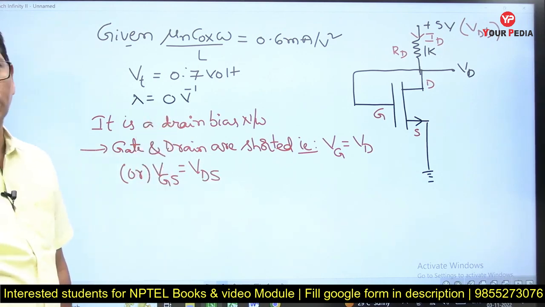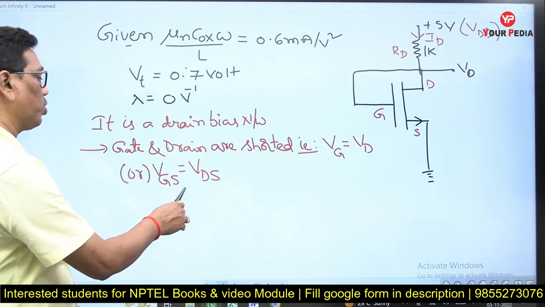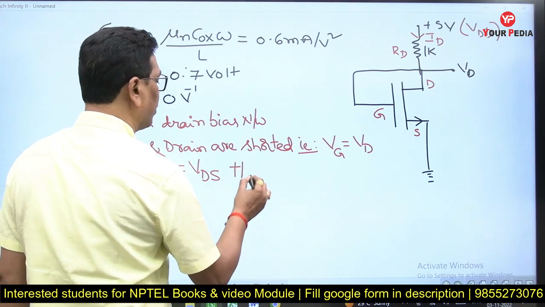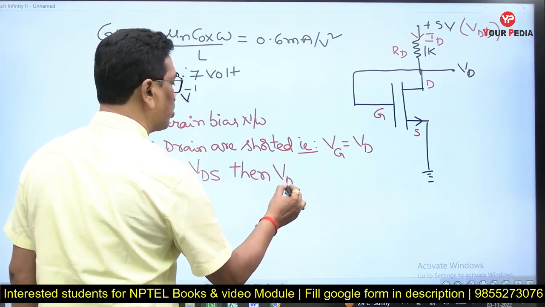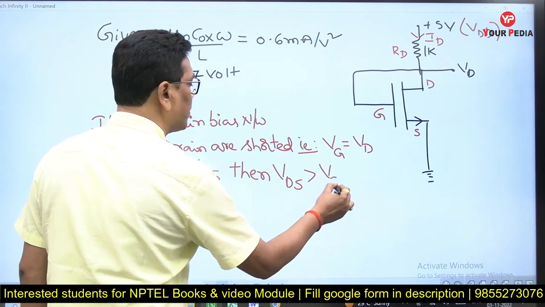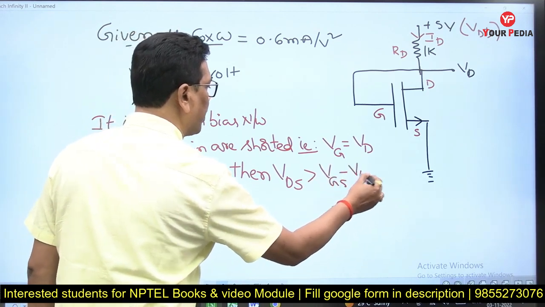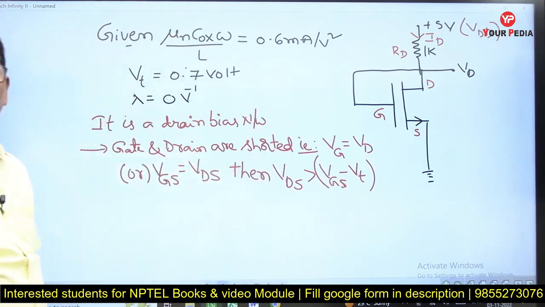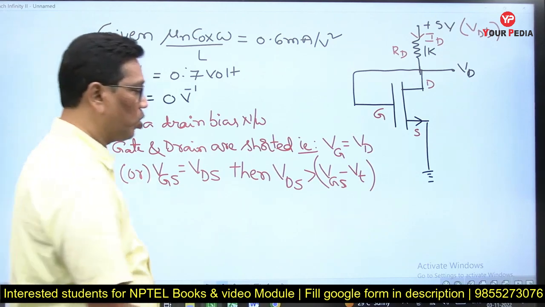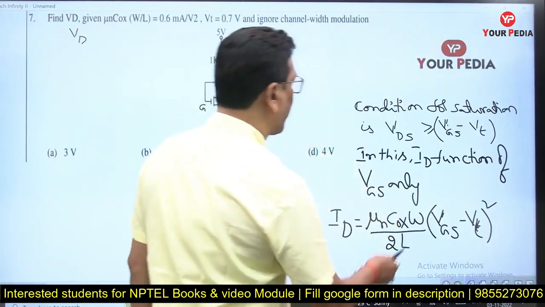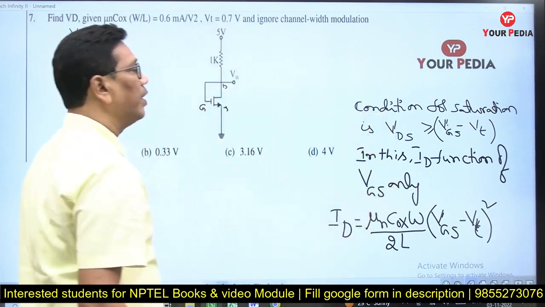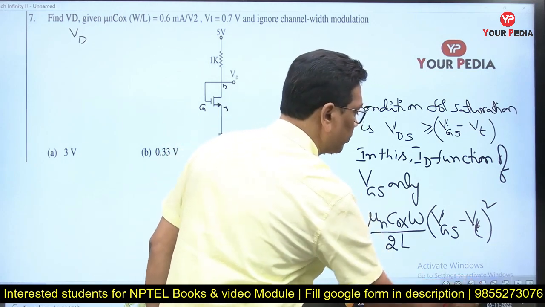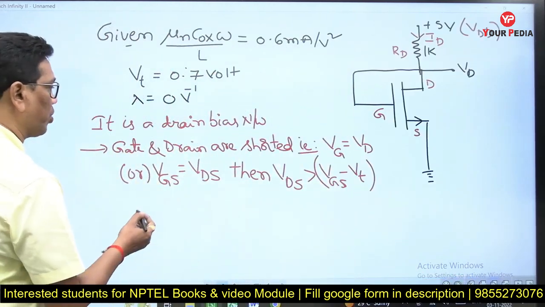Common is the source for both. Gate with respect to source is the same as drain with respect to source. Then you can say that VDS must be greater than VGS minus VT, because VDS equals VGS. Just now I told that if VDS is greater than VGS minus VT, the device is in saturation mode, where the formula for drain current is like this. So it is in saturation.